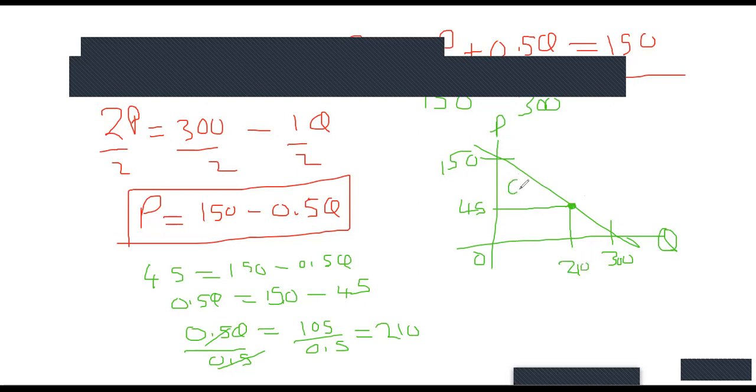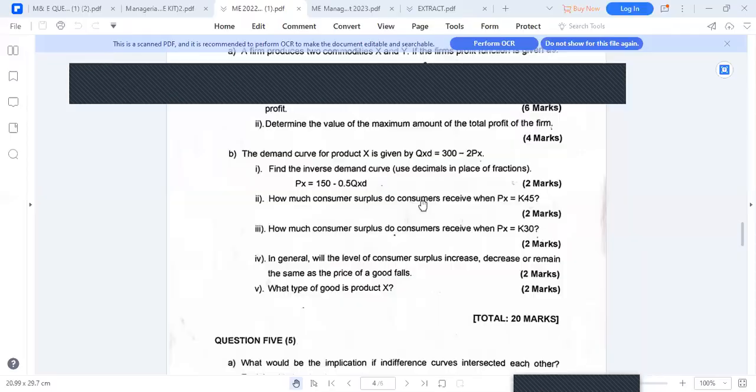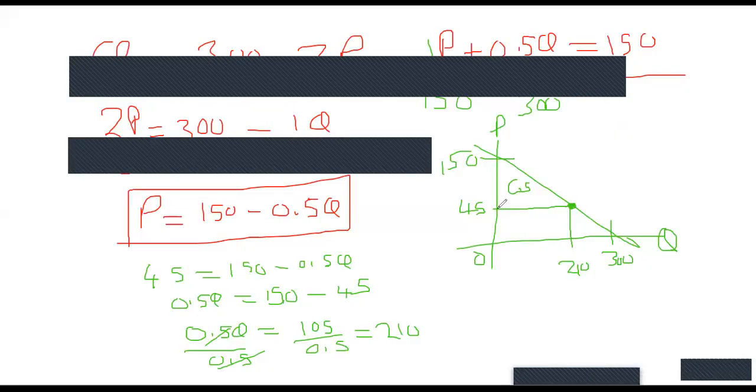So we're calculating the consumer surplus. What's the question asking us? Find consumer surplus. So what is the triangle for the consumer surplus? From here to here we have 105. From here to here we have 210.